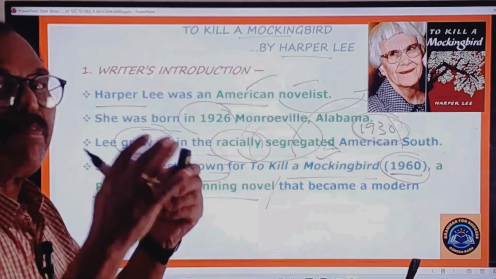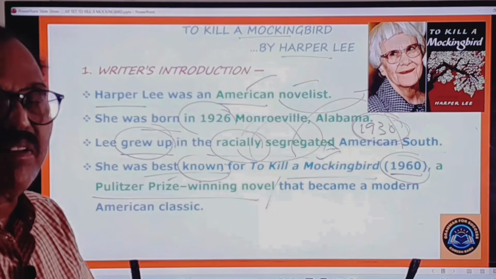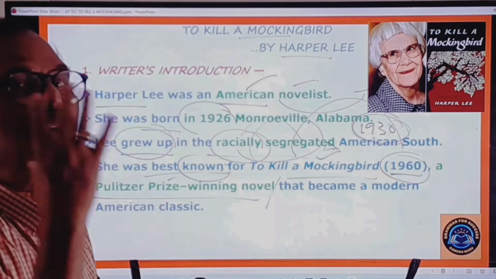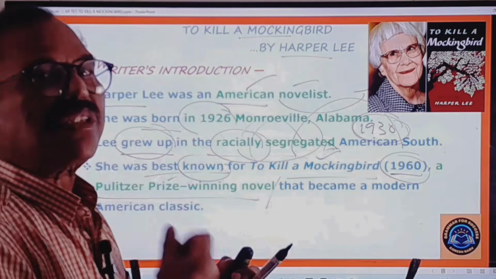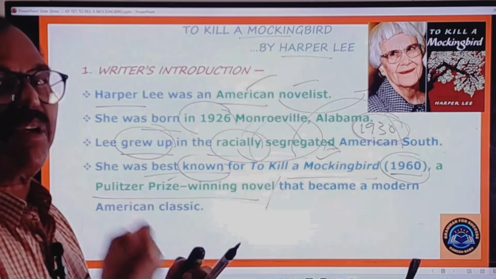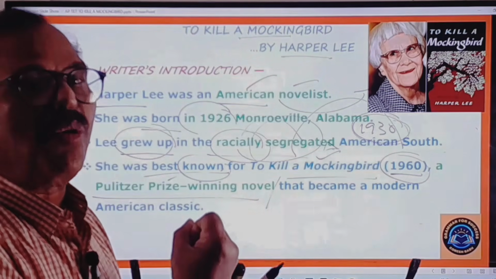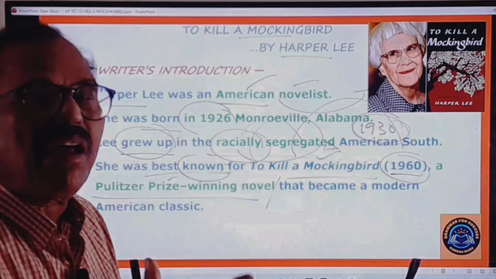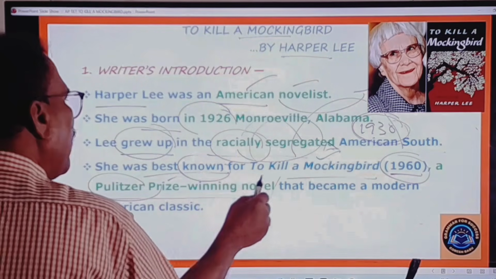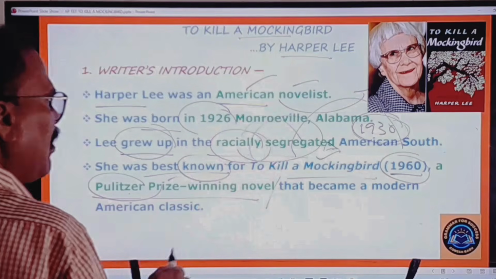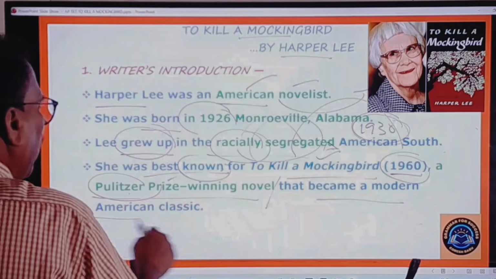It was a Pulitzer Prize winning novel. That means it won the Pulitzer Prize. Pulitzer Prize means a very prestigious prize, okay, that can be conferred on the people who contribute richly to the literary world. This Pulitzer Prize was awarded to her for this beautiful novel that became a modern American classic.